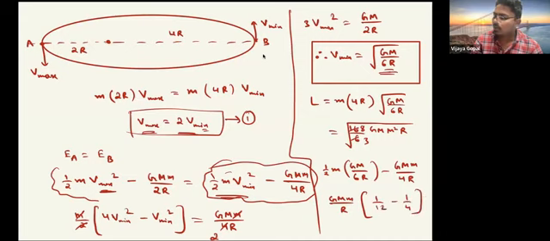Taking LCM 12, 1 minus 3, so minus 2 by 12, which is minus 1 by 6. So the answer is minus 1 by 6 GMm by capital R.